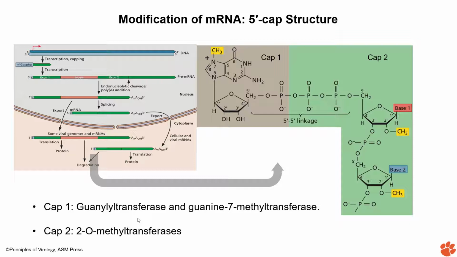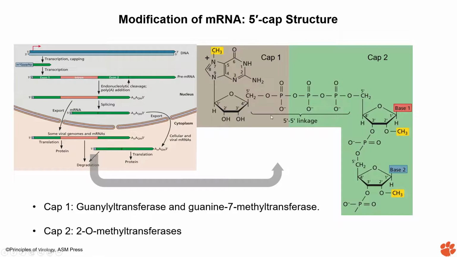There are some viral guanylyl transferases where the guanylyl transferase activity is also in the RNA polymerase, but it could be a separate enzyme as well. So either it's a part or a subunit of RNA polymerase or a standalone enzyme. Both are possible. But the enzyme function, whatever it is, is guanylyl transferase.